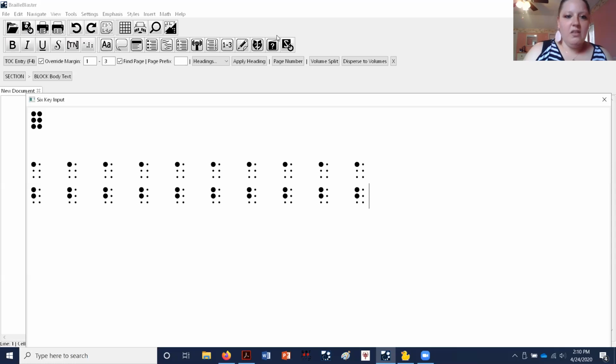There's some pictures, but that's okay because all the same tools are up in the tabs. So if you were to go to the Tools tab and then down arrow until you found where it said 6-key mode, you can do it that way, or like I said, hit F6. If you're using a mouse, you can hit the little picture of the little Braille writer, and it will bring up a block for you to type in.